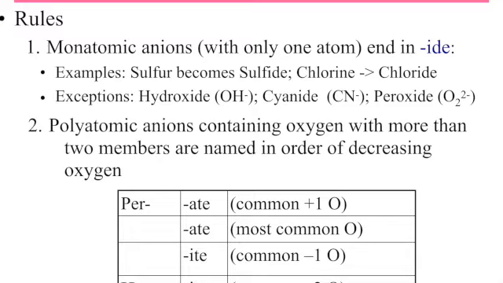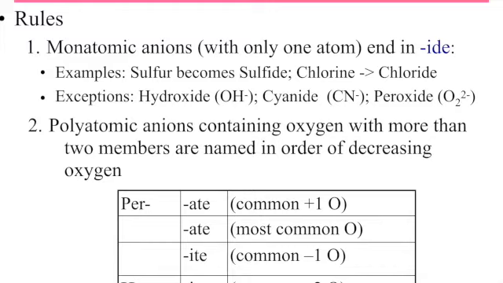There are some exceptions. There are some polyatomic ions that have "ide" in them. So hydroxide, cyanide, and peroxide are ones you need to know. The ones that have their own unique name, you need to know those, and that's a memorization thing. Polyatomic ions containing oxygen, with more than two members, have an order in which they are named.